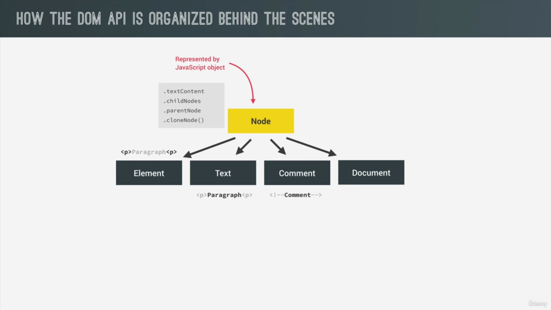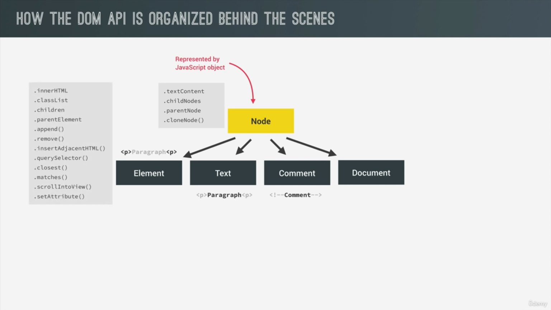And this type of node gives each HTML element access to a ton of useful properties, such as inner HTML, class list, children, or parent element. There are also many useful methods, like append, remove, insert adjacent HTML, query selector, closest, and that's just to name a few. So again, each element will be represented internally as an object.